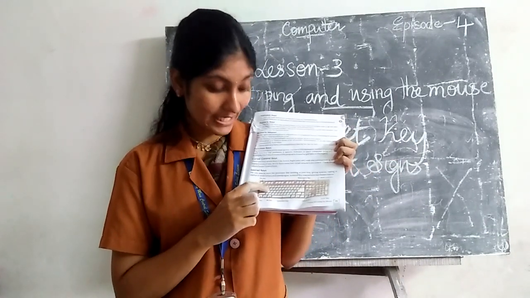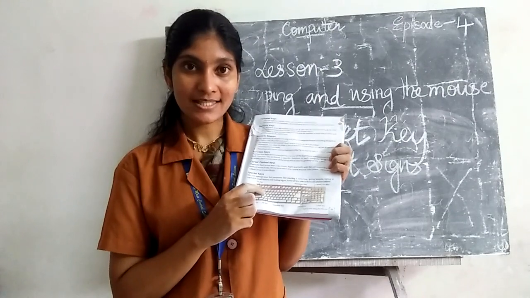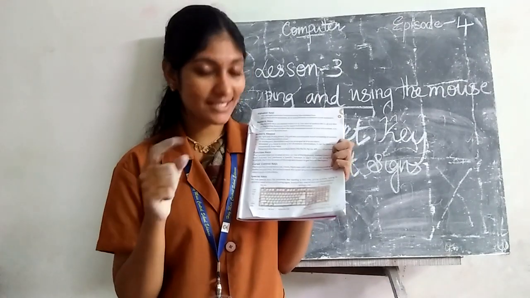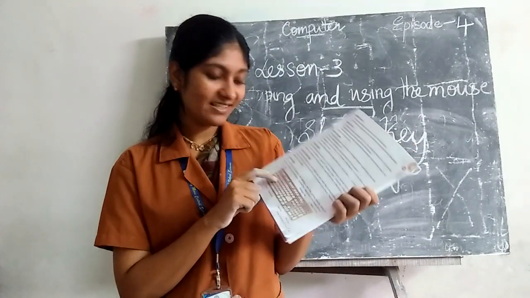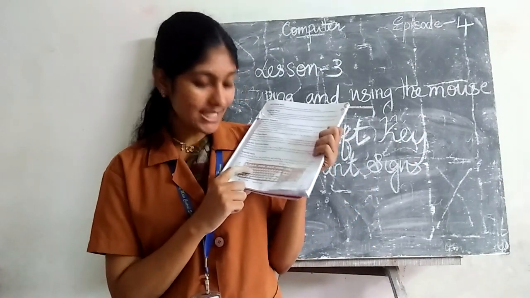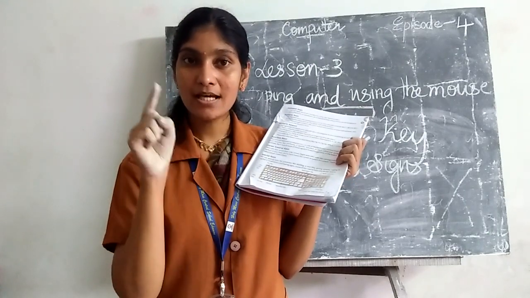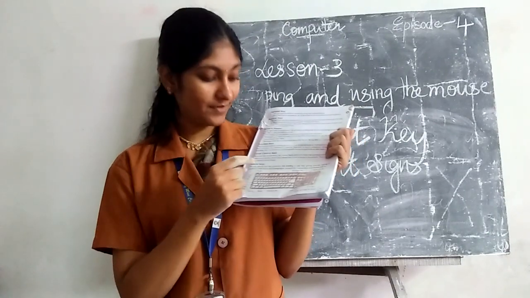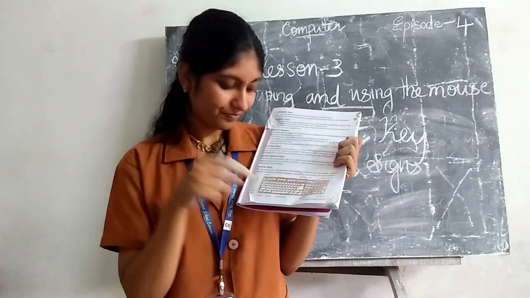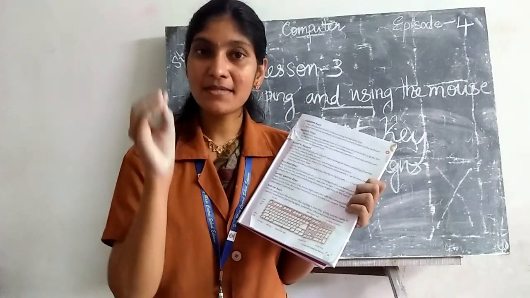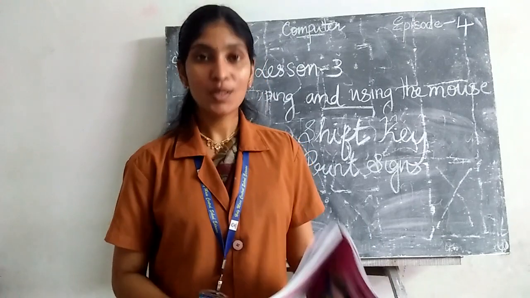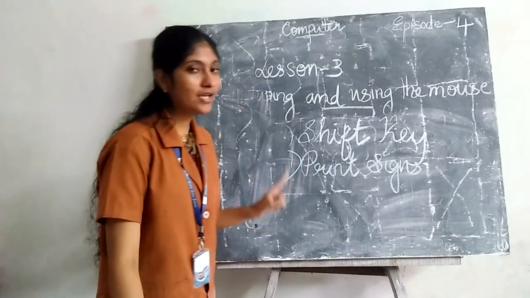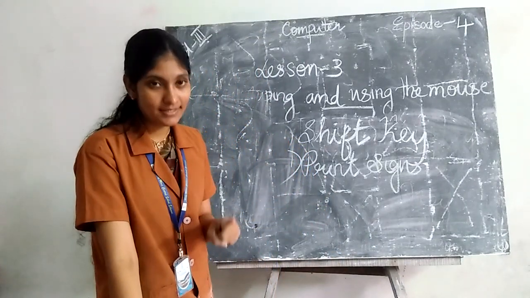Look at the key number 2, there is a sign printed, which is the at the rate symbol. Then there is also another sign printed on the number 3, which is the hash symbol. So there are some signs printed on the upper half of the buttons, and we can use the shift key to print the signs.